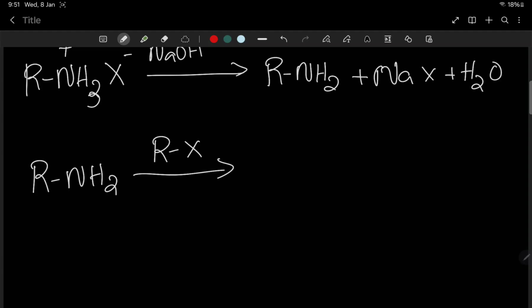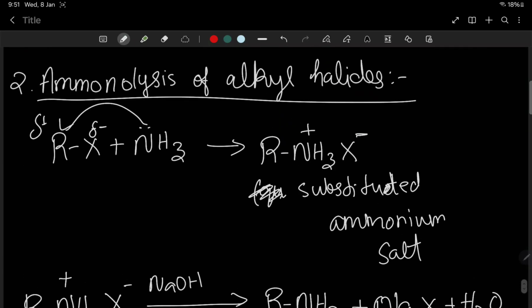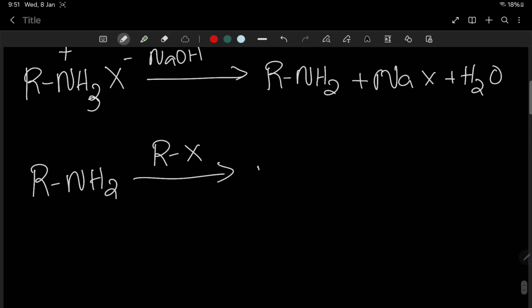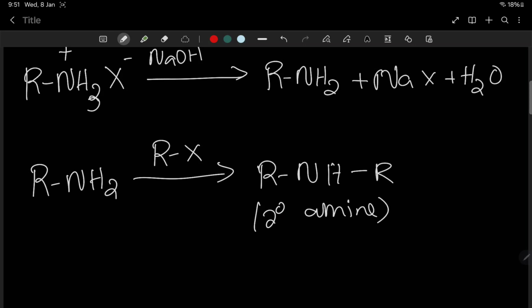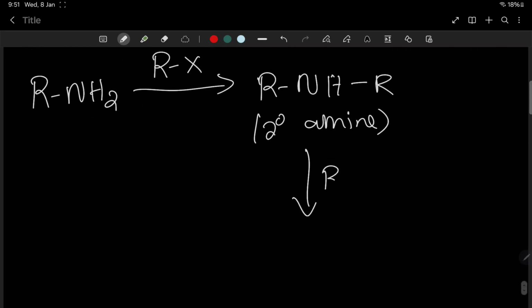Now into this amine I am adding an RX. Nucleophilic substitution takes place, and we get what? You can take the same RX itself. We are once again adding the same RX, and we get a secondary amine. Now into the secondary amine, once again I am adding the same RX.